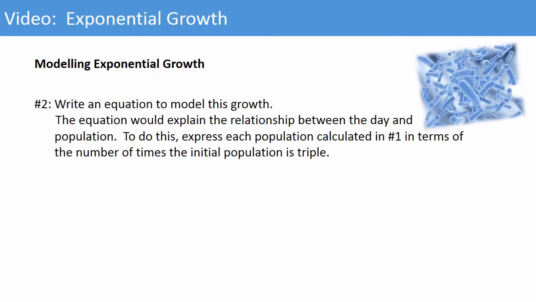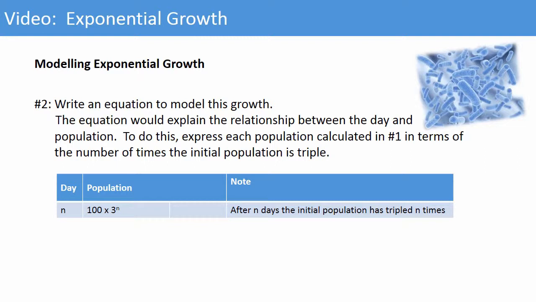We can then take this relationship between the day and the population to create a formula. So on day n, which could represent any day in our sequence, the population would be 100 times 3 to the exponent n. After n days, the initial population has tripled n times.